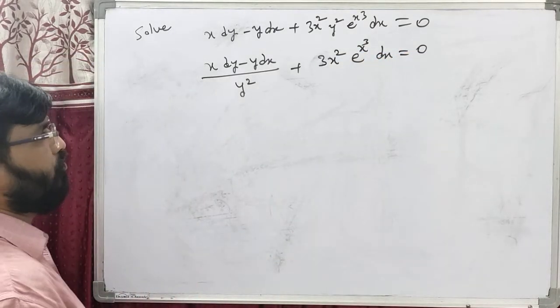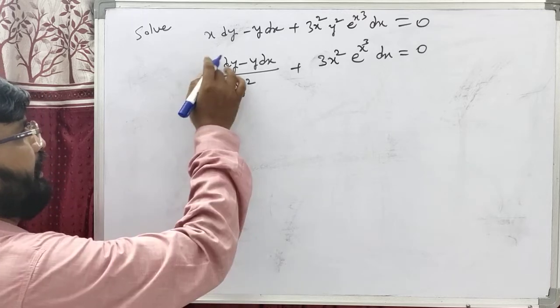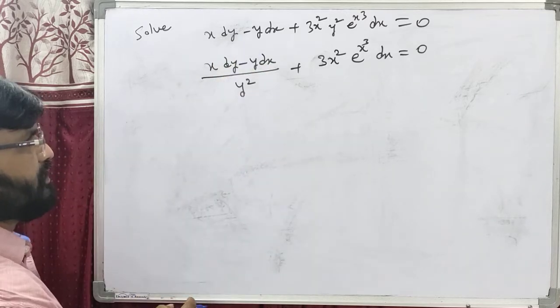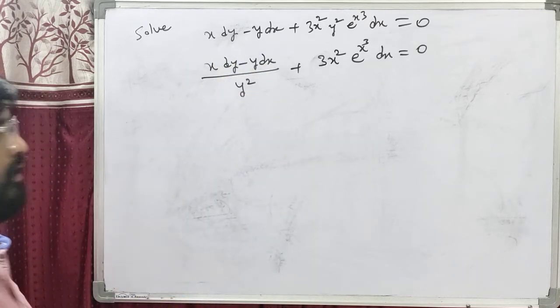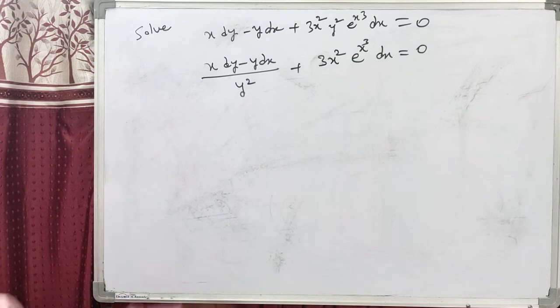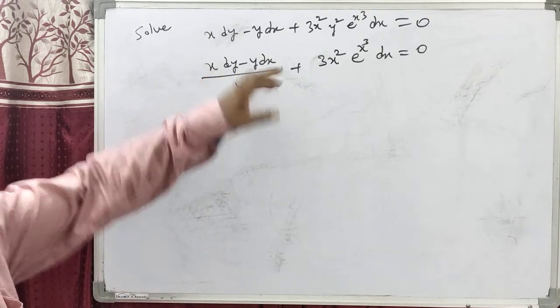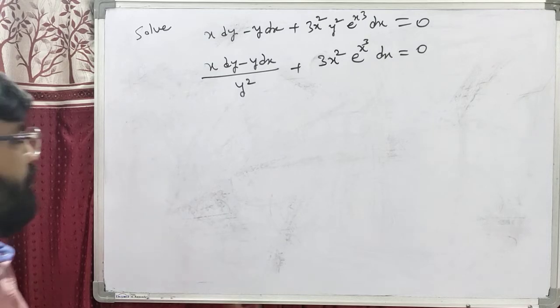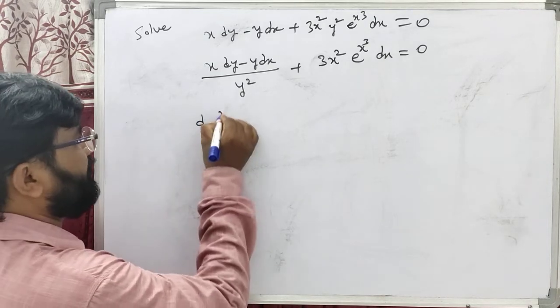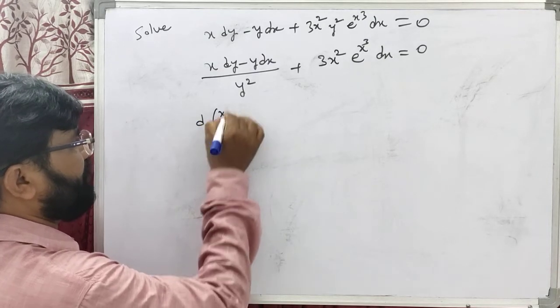Dear students, what you can observe here, the x dy minus y dx by y square, you can write as u v dash minus u dash v by v square. This is the derivative of x by y.